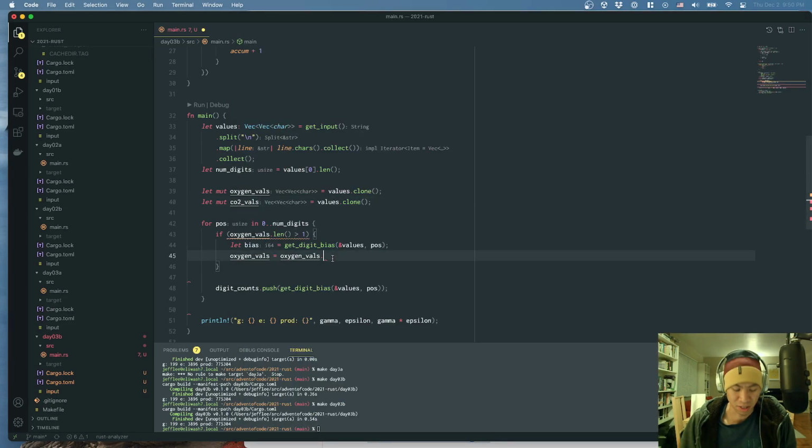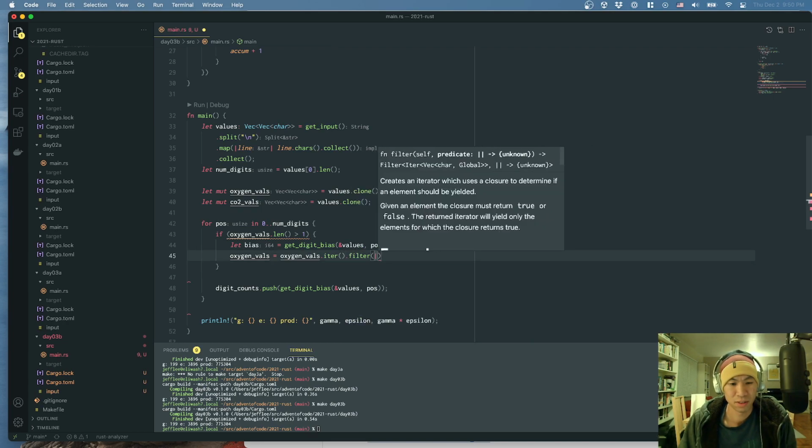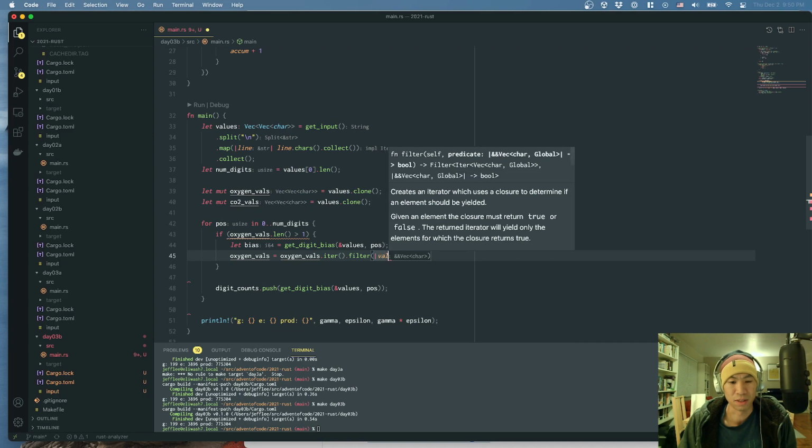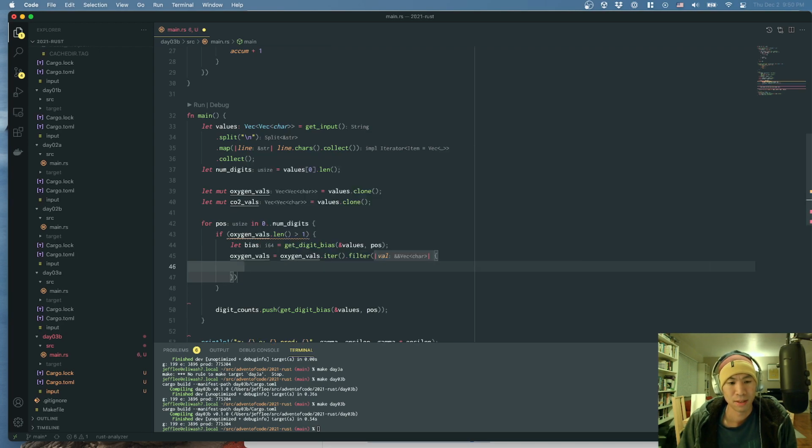.iter.filter. That's why I wasn't saying it. .iter.filter. And the predicate for this, this is a value, which is a vector of characters here, is if the position of the value is equal to 1, if it's greater than or equal to 0.